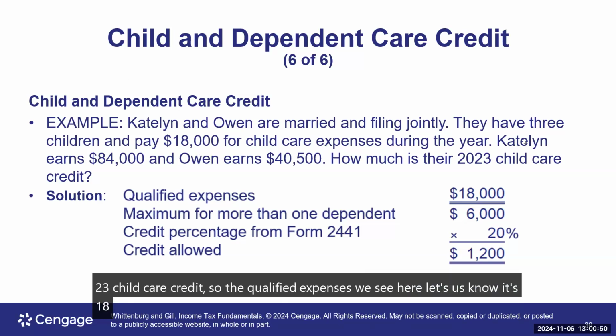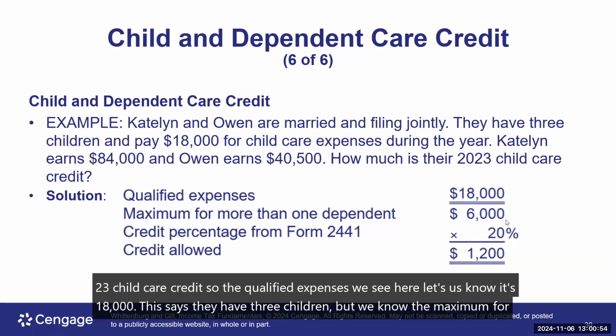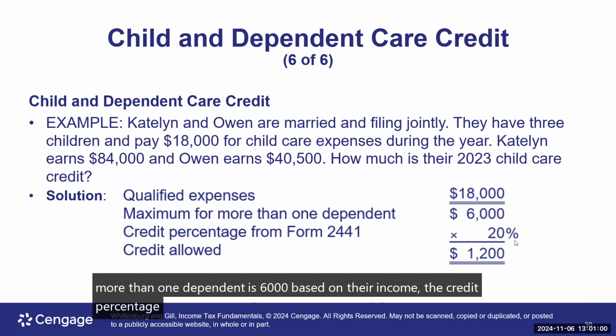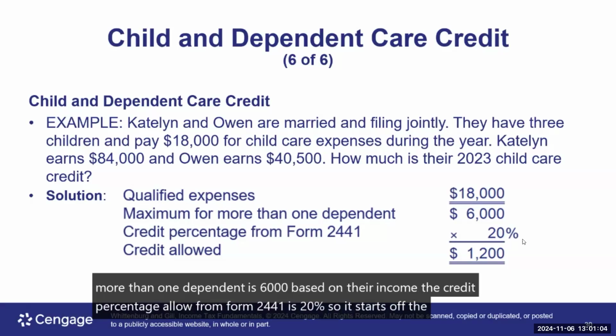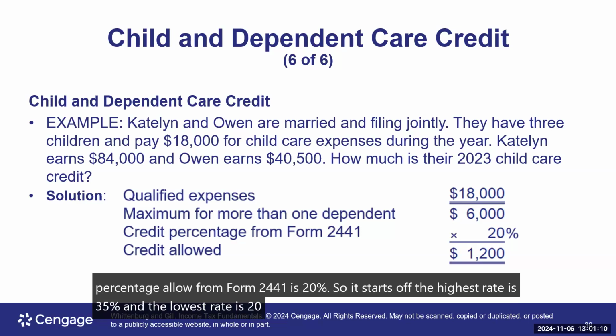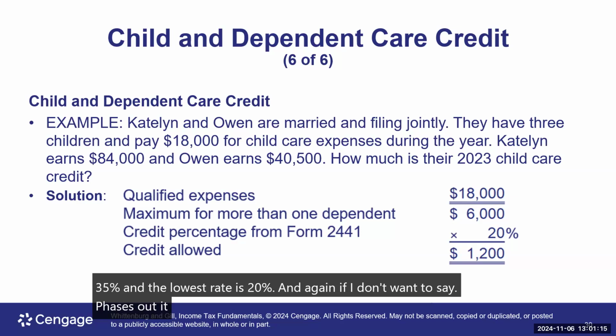It says they have 3 children, but we know the maximum for more than one dependent is $6,000. Based on their income, the credit percentage allowed from Form 2441 is 20%. So the highest rate is 35%, and the lowest rate is 20%. And again, it decreases based on the level of income.